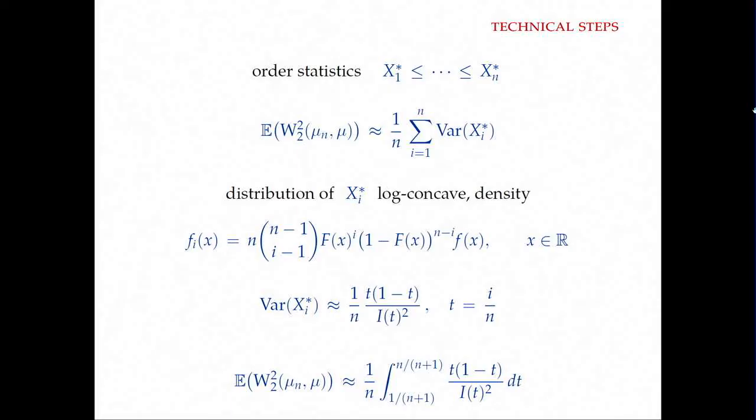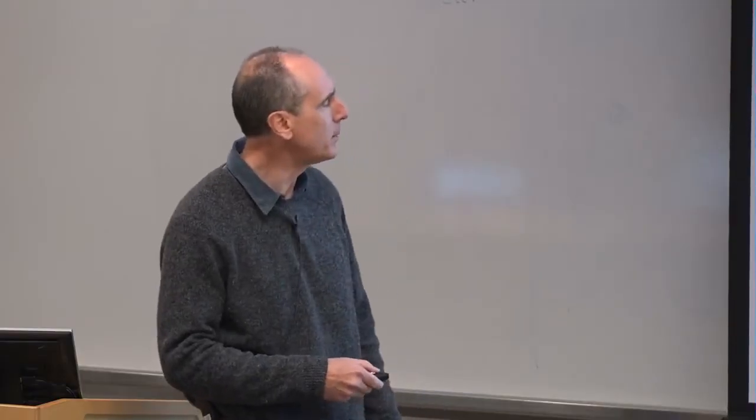endpoints of this interval. So I briefly flash here the technical arguments which are behind, which are not difficult but not so easy. One has to be a little bit careful.